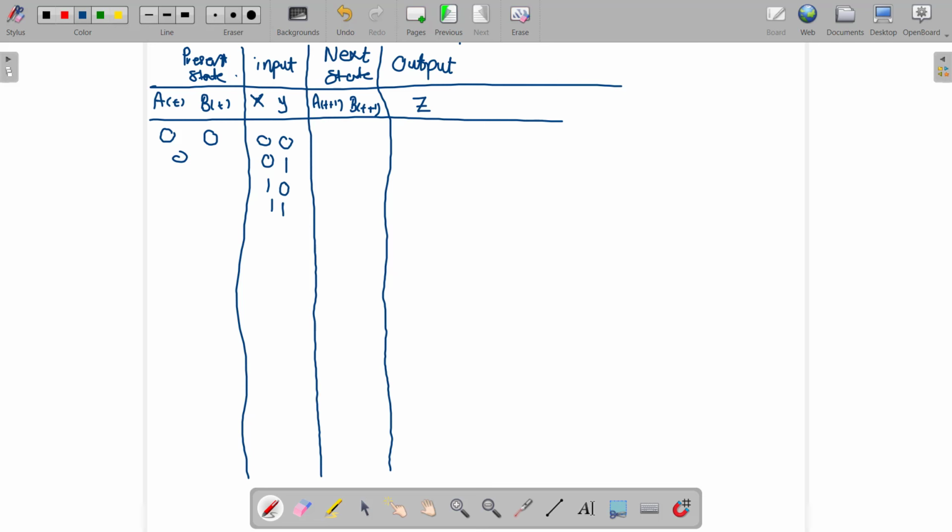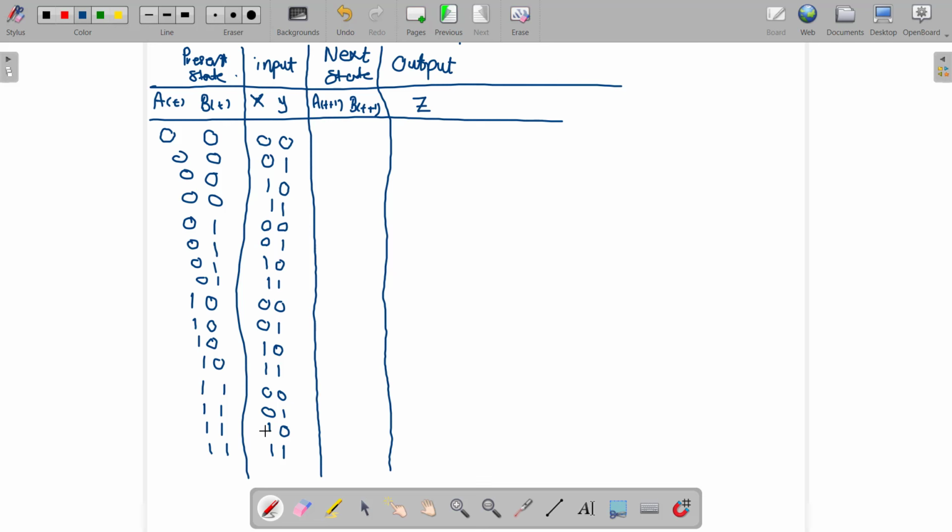So for all of them we have 0, 0, 0, 0. Similarly, for the 0 1, we have again 0 0, 0 1, 1 0, 1 1. Here we write 0, 1, 0, 1. For the rest, we have to complete this table in this form that I will show you. Now you can see that we could complete the present state and input in this form.